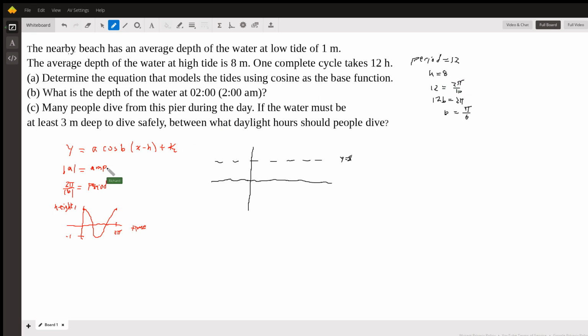So just using this formula here, because we know the period is 12, we say 12 is equal to 2 pi over b, and solve for b. So we have b now, and we have k, just from that first sentence. This is k in our formula. See?